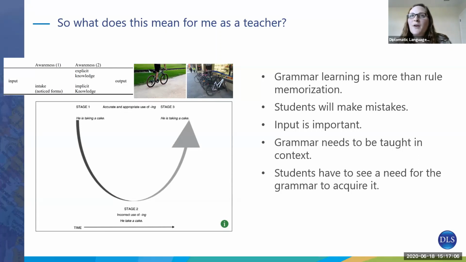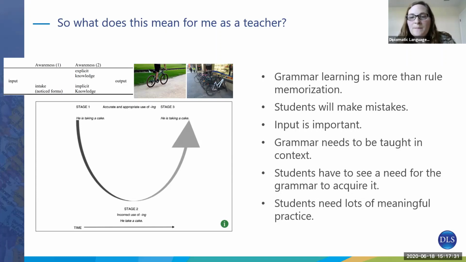So there has to be something that they want to communicate, and that they are going to need that grammatical form to communicate it in order for them to really cement it. Okay, and then finally, during this process, students need a lot of meaningful practice. That practice is going to help them develop that implicit knowledge and that procedural memory as they're trying to do all of these things.